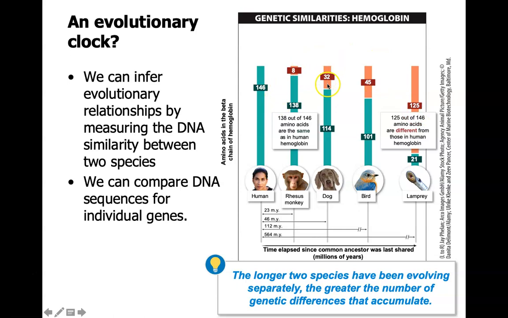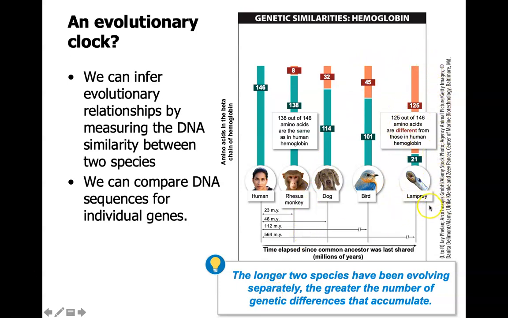As we move away, we look at another mammal, but one that's not very closely related, 32 amino acids. Going out to the bird, whose common ancestor was 112 million years ago, 45 differences. So over time, these species have accumulated differences since the common ancestor. Over here, we've got the lamprey.